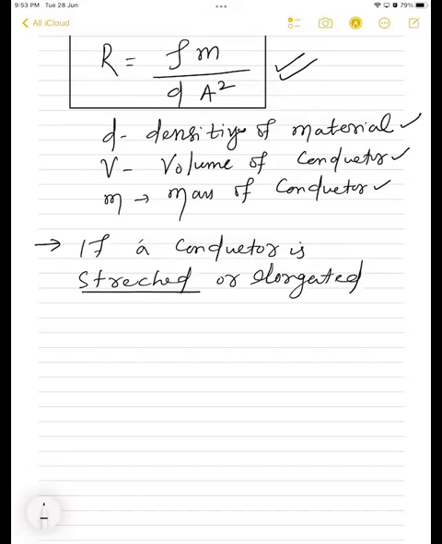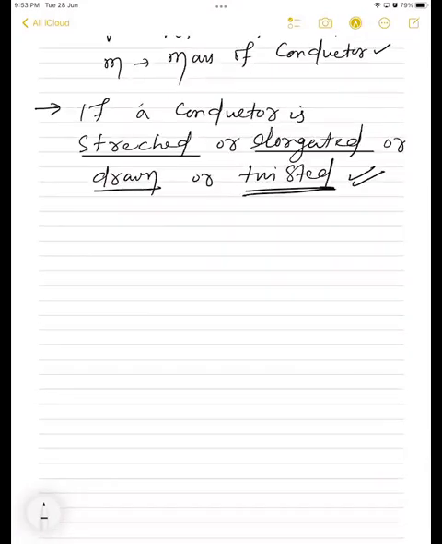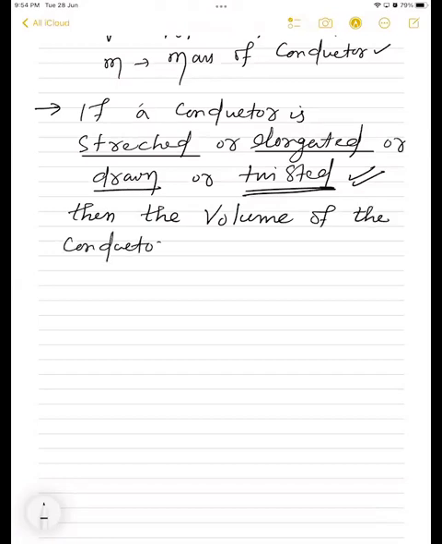Stretched will be written, elongated will be written, and drawn means we pulled it, and somewhere twisted may also be written. Whatever the case, right? Then what remains constant, student? The volume of the conductor remains constant, right? Then the volume of the conductor is constant.